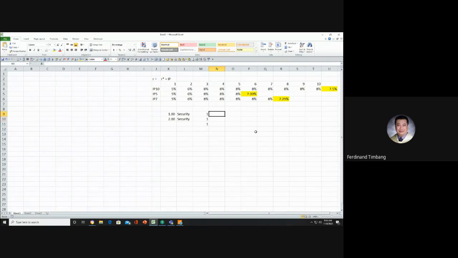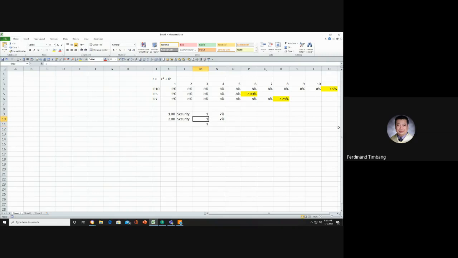Ang sinasabi, dapat ang kikitain mo, kung 7% siya for 1 year security, dapat ang kitain din ng security na 2 years ang maturity, dapat 7% din ito. So, dapat yung kinikita ni 1 year security, the same lang sa kikitain ni 2 year security for year 1.